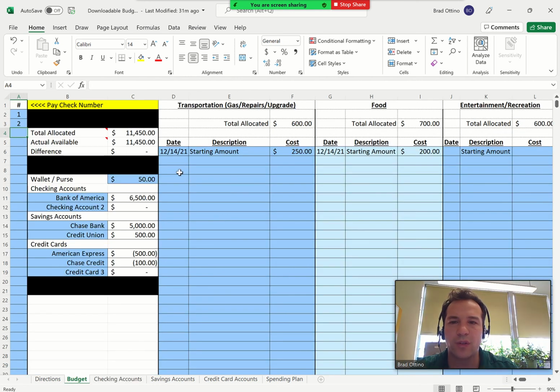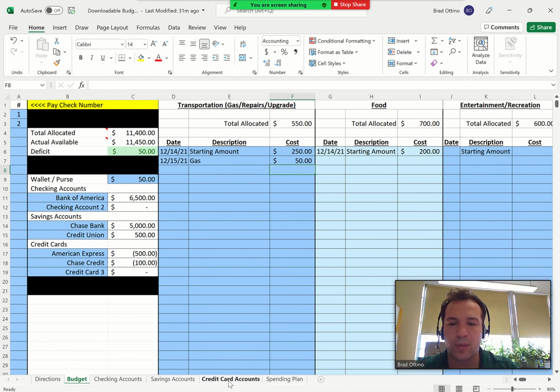Let's talk about when we spend money. Let's say that I buy gas tomorrow. That comes from my transportation fund, and it cost me $50 to fill up my tank. My total balance went from $600 to $550, and I have to put this in another location. You could see we're off by a sum of $50.